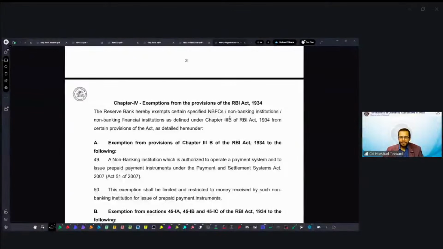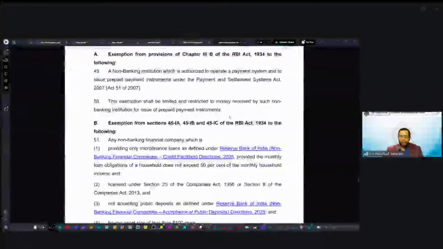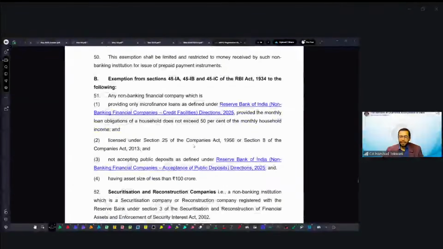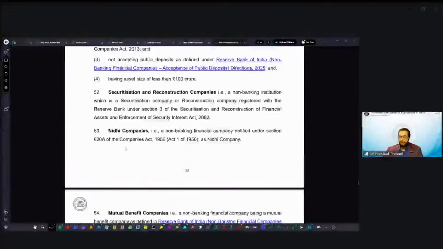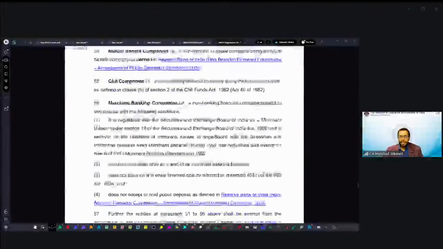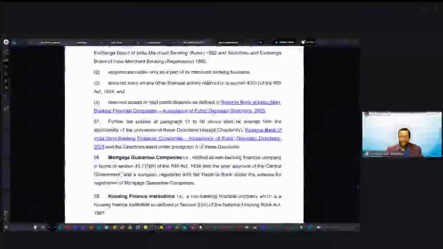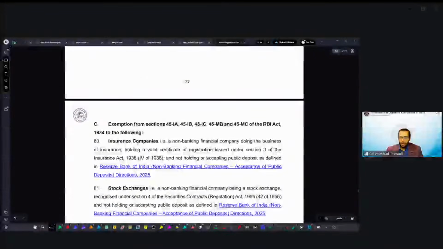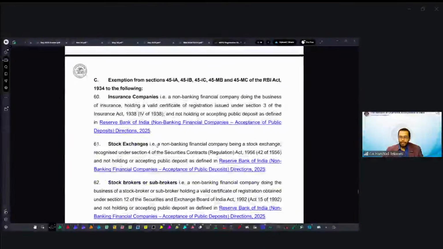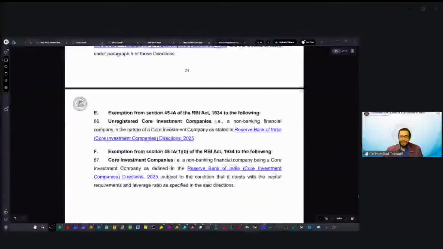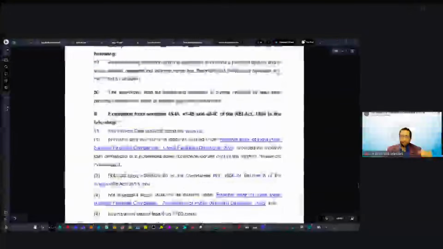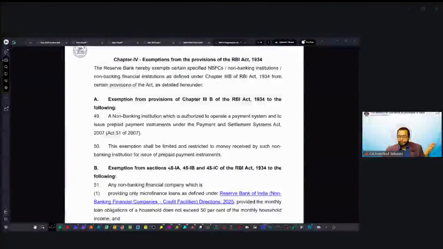Certain NBFCs are exempted, for example, any NBFC which is into microfinance loans, a Section 25 company not accepting deposits, securitization and reconstruction company, nidhi companies, mutual benefit companies, chit fund companies, merchant banking companies, then mortgage guarantee, housing finance institutions, insurance companies, stock exchanges, stock brokers, sub brokers, alternate investment companies, then unregistered CIC. A lot of exemptions are given under the existing NBFC regulations, and it is specified where they will be governed and how they will be governed.